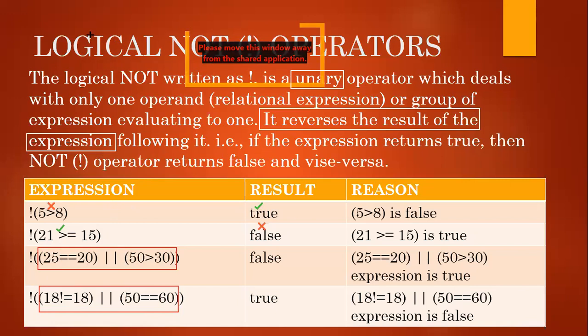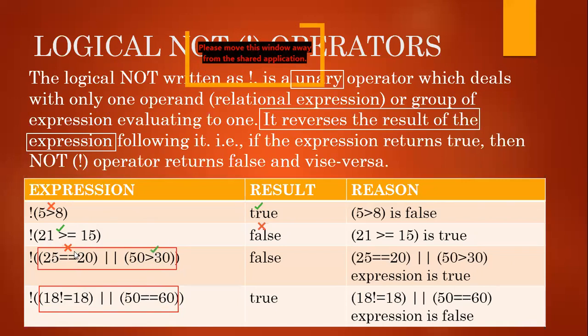25 is equal to 20. Is it true or false? It is false because 25 is not equal to 20. Are they equal? No. So this is false. And 50 is greater than 30. Is it true or false? Yes, 50 is greater than 30.